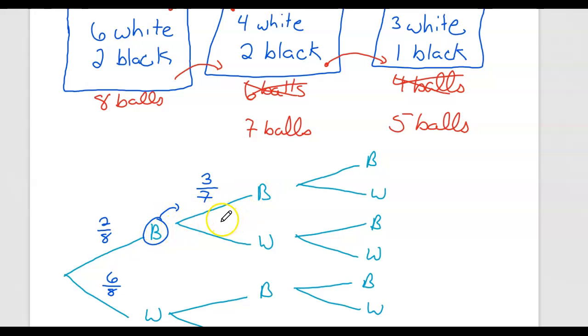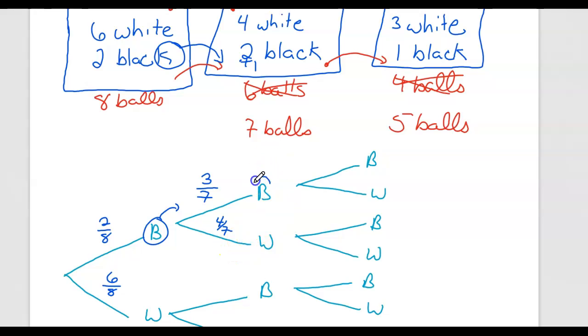I still have 4 white balls because I did not increase my white balls. I took 1 black ball from here and put it here. So that increased my black balls by 1. So I increased my numerator and I also increased my denominator. I didn't change the white balls.